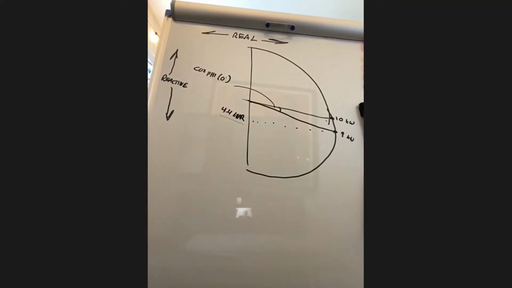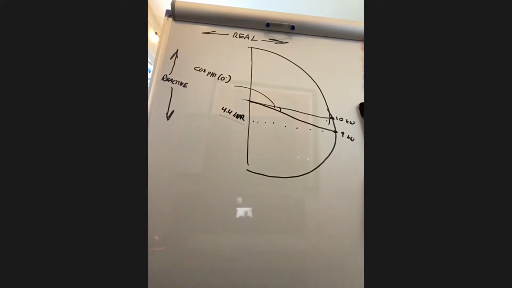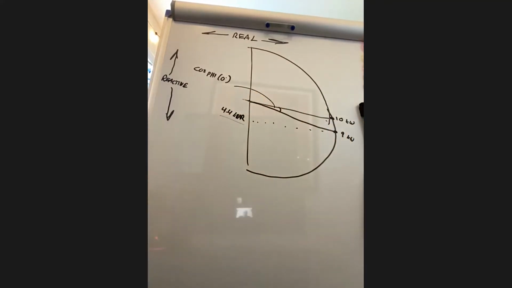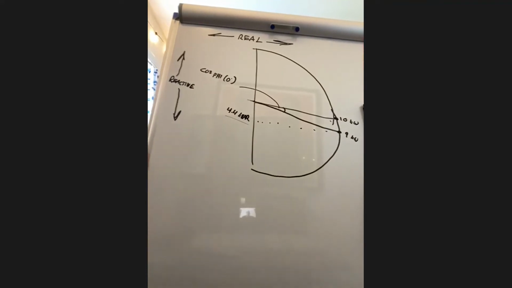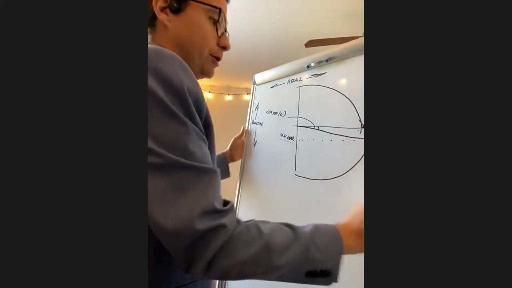So again, by sacrificing 10% of the amount of real power that you produce, you will gain 44% in terms of nameplate capacity of an inverter in reactive power. And you can either absorb reactive power or inject reactive power. So that's how a volt-var curve or a fixed power factor setting would work.